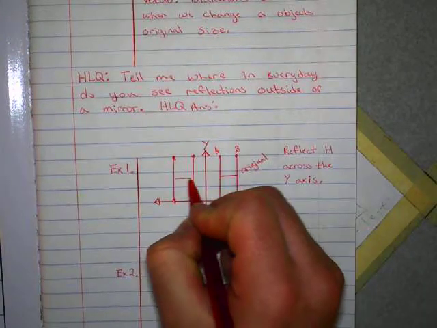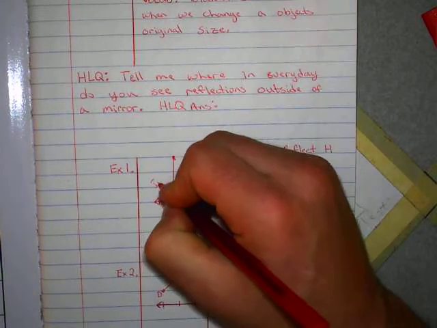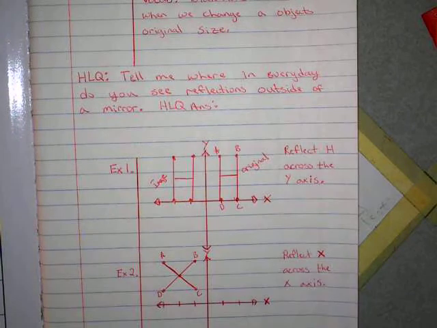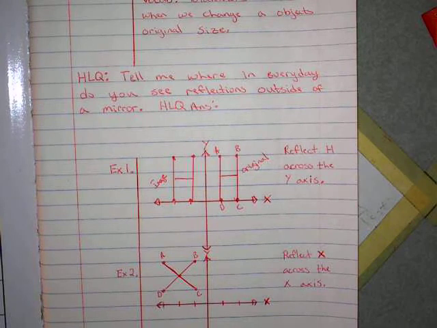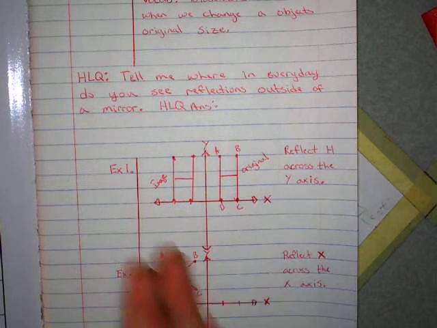Now the question is, when we make this image, which point goes where? And how do we show these points? When you have a reflection, like a mirror reflection, it is closest to closest, farthest to farthest. What that means is A is closest to the y-axis right now.